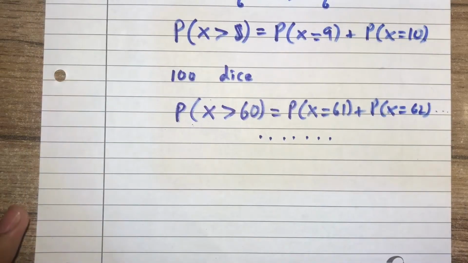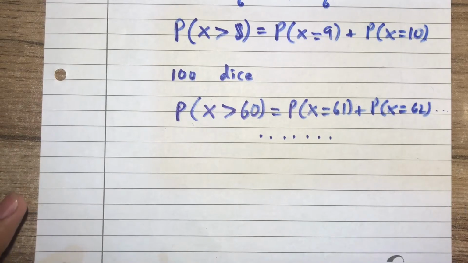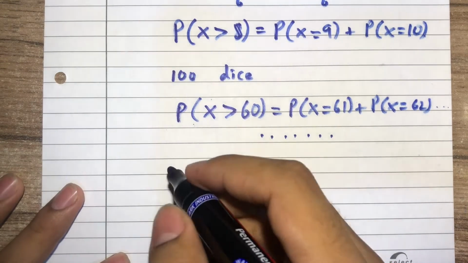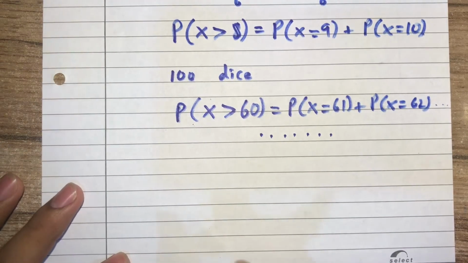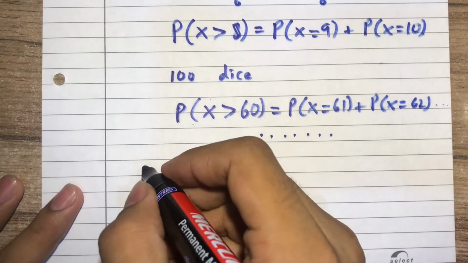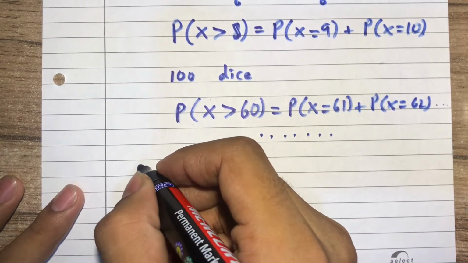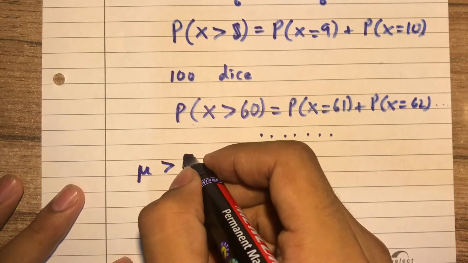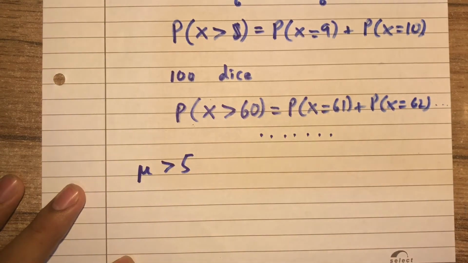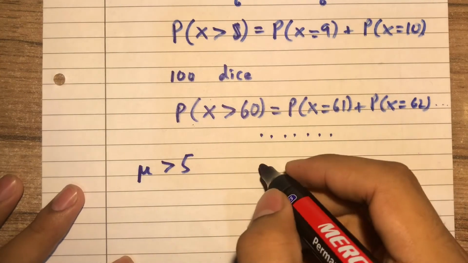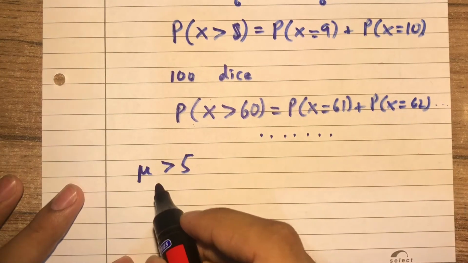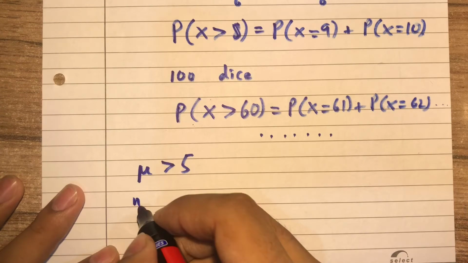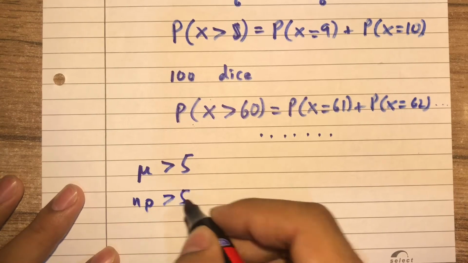Conditions for approximation of binomial to normal are that in the binomial distribution, the expected value or the mean should be greater than 5, and this is the expected value of success, right? Basically the formula is NP is greater than 5.